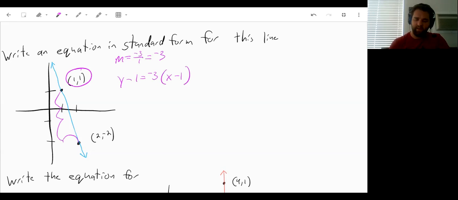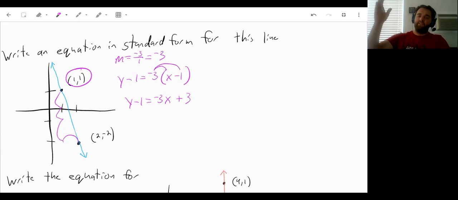So in order to do that, first thing we have to do is distribute that -3 into both sides. So we have y minus 1 equals -3x plus 3. And standard form gets all of our x's and y's onto one side. So I'm going to add my 3x to get that over to the other side.